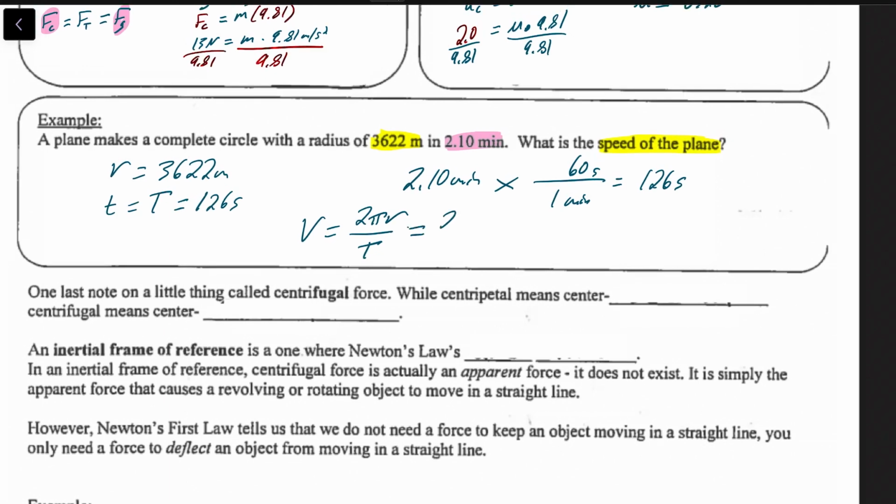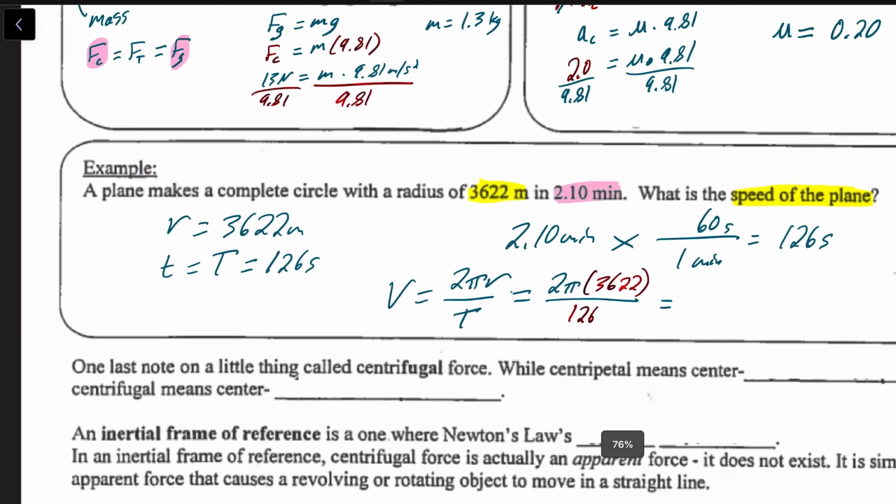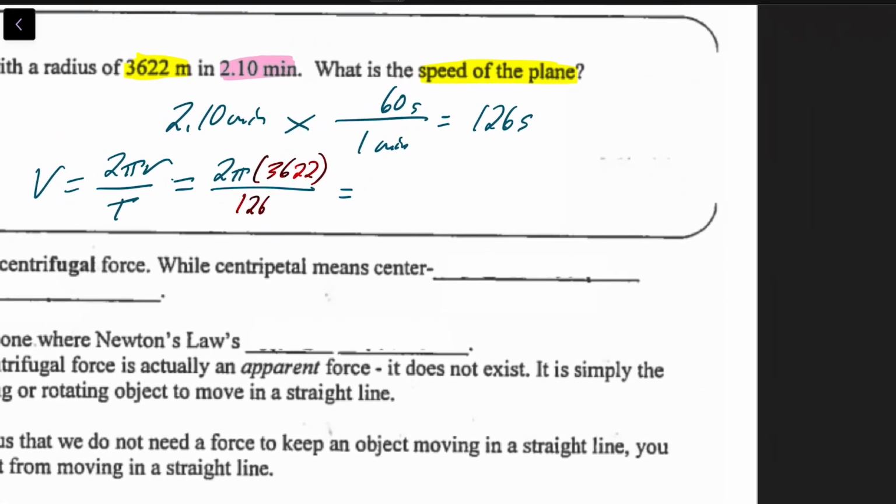So here I'm just plugging in values: 2 pi times the radius, which is 3,622 meters, divided by 126 seconds. I want an answer to 3 sig figs.